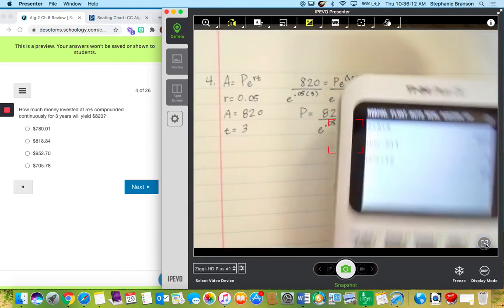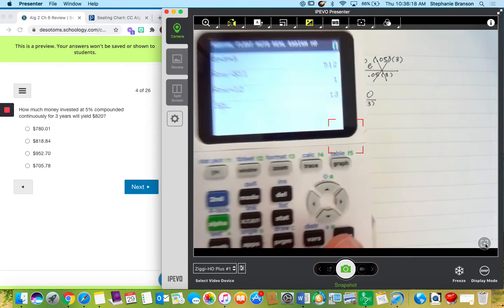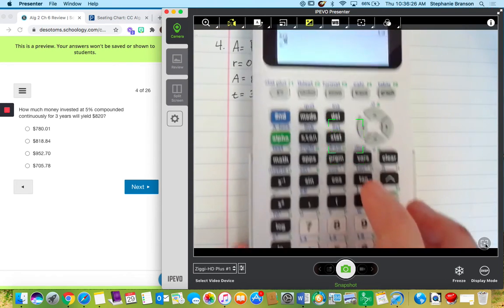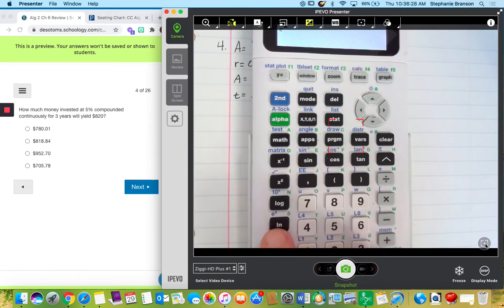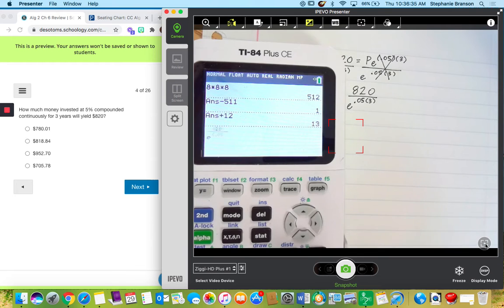I go here to my calculator, and I type 820 divided by E. You hit second and then LN. LN is to the left of the 4, okay? It's right there. Raised to the 0.05 times 3.